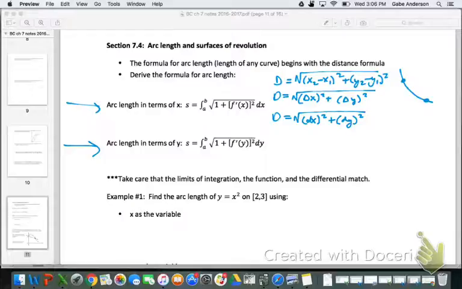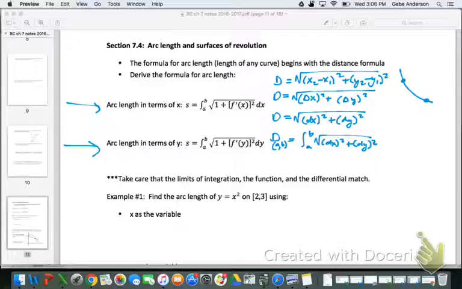So I'm going to say, well, the distance from a to b equals the integral from a to b of square root of dx squared plus dy squared. As you can see from the formulas, we're getting kind of close, but the question maybe would be, where in the heck does the 1 come from, right? And where does f prime of x or f prime of y come from?